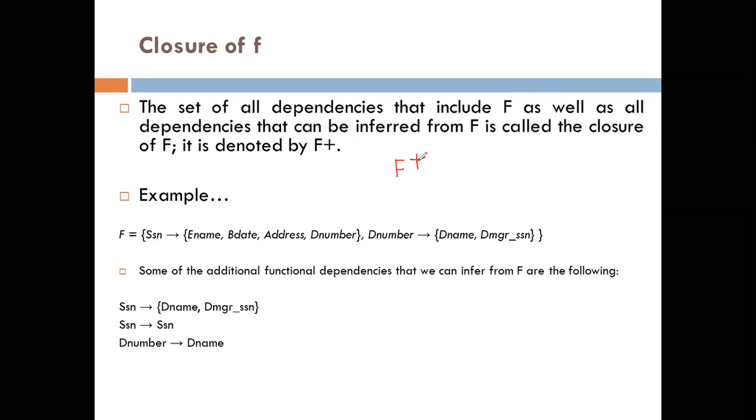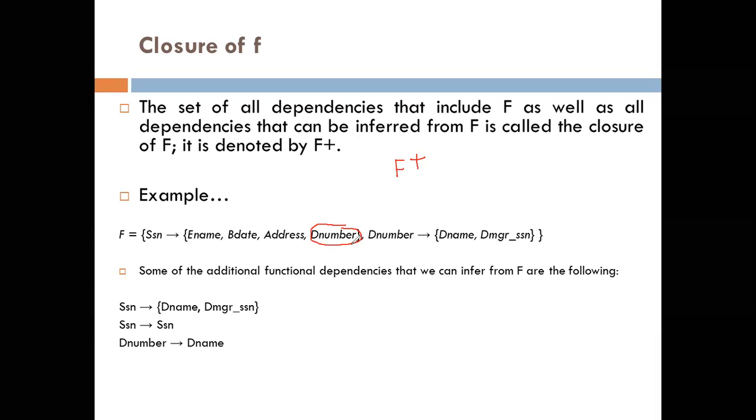Here you can see an example of functional dependencies. SSN yielding employee name, birth date, address and department number. And department number is determining the department name and manager SSN. From these functional dependencies, we can observe that SSN is determining the department number.